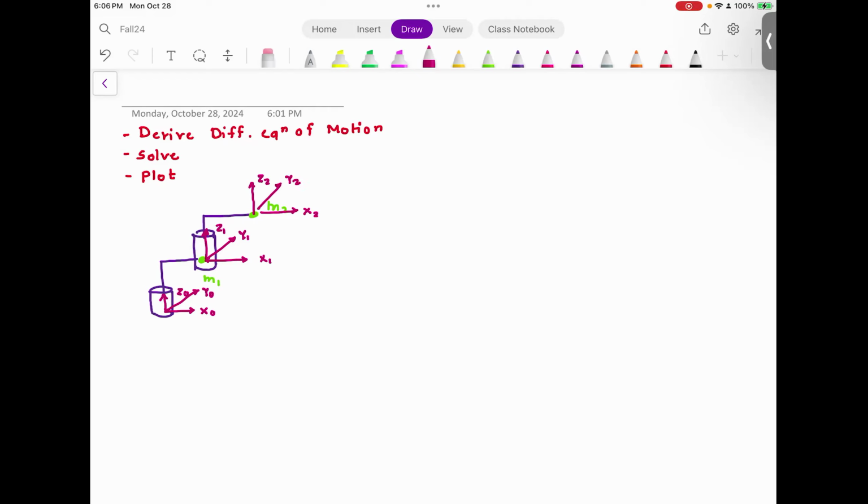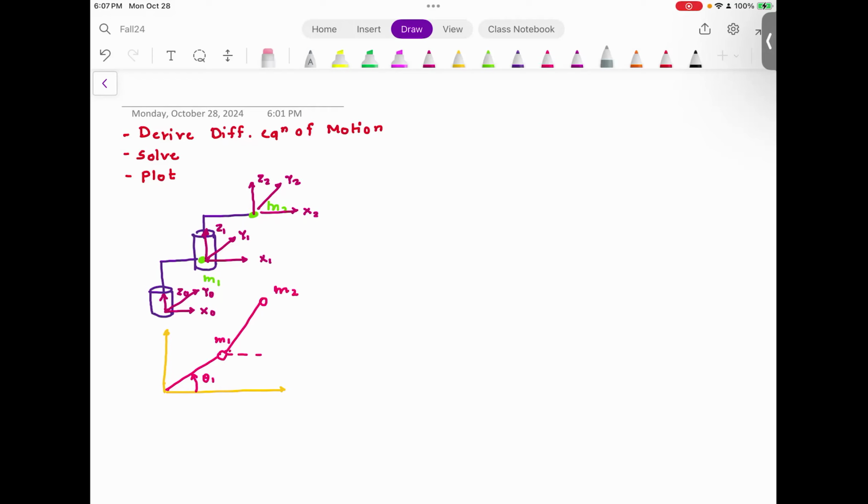If you look at the top view, this robot is a simple two-link robot, wherein link number 1 is shown like this. This angle could be θ1. And then you have this link number 2. This is M2.